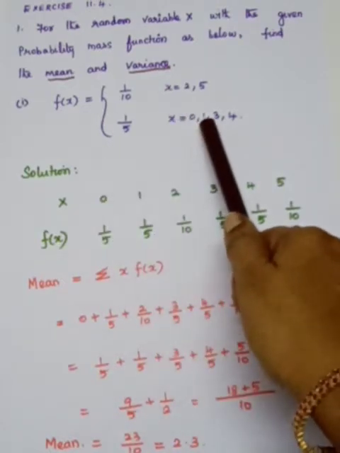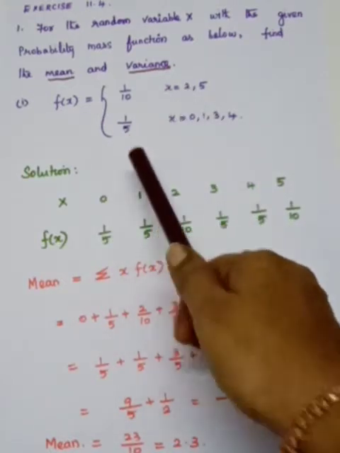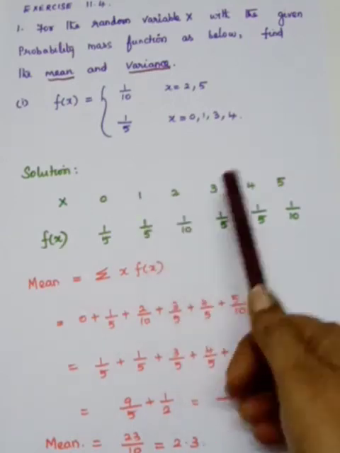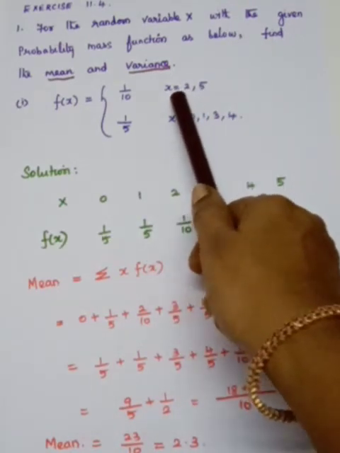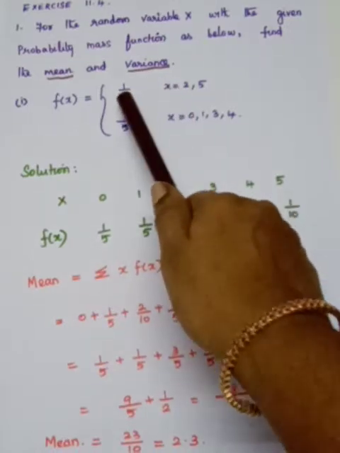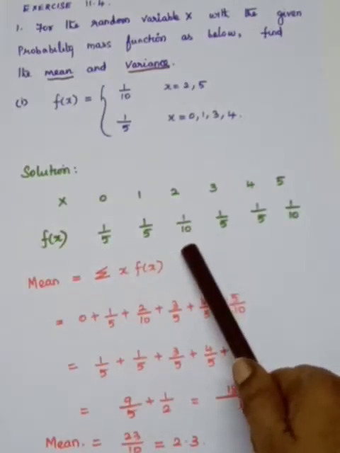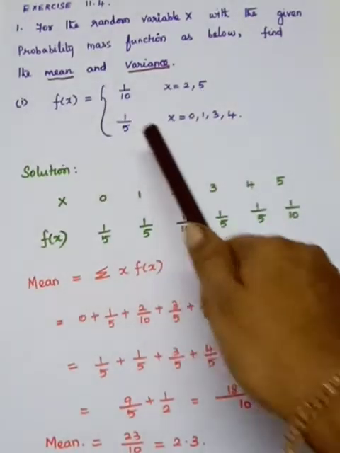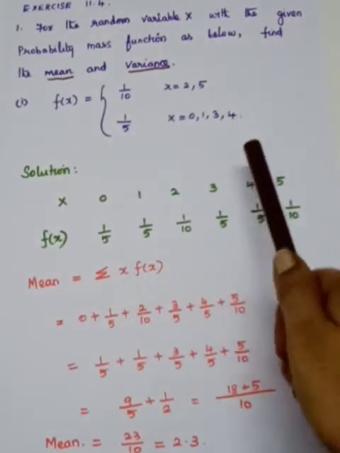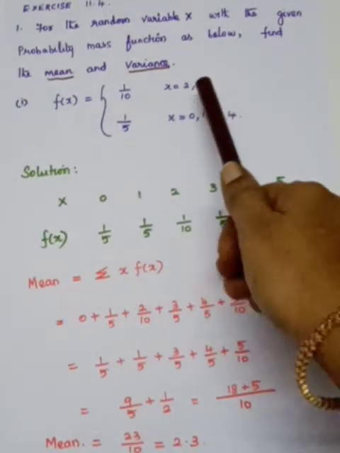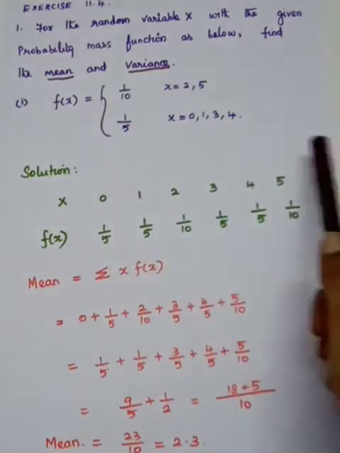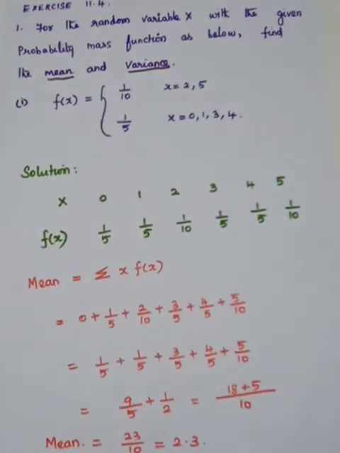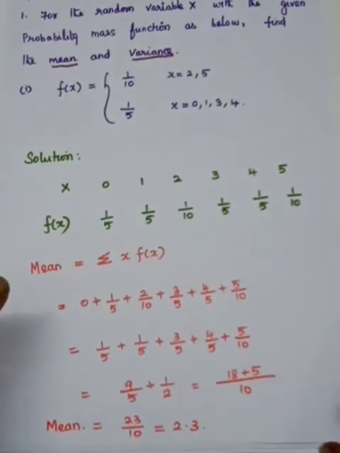When x is equal to 1, f of x is 1 by 5. When x equal to 2, it is 1 by 10. X equal to 3, again it is 1 by 5. X equal to 4, 1 by 5. When x is equal to 5, it is 1 by 10. So I have tabulated the result, and we have identified it as a discrete random variable.